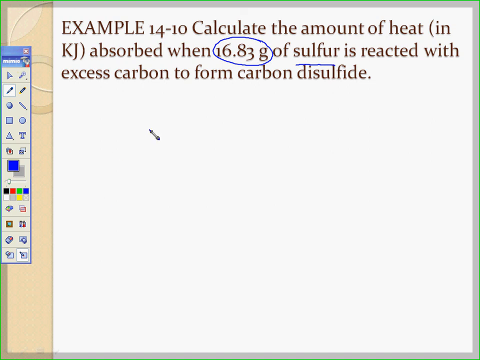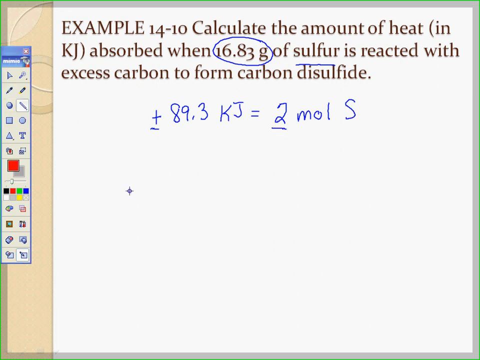So now our conversion factor for sulfur is positive 89.3. The sign of the delta H will not change for these different conversion factors. But it's per the stoichiometric amount of sulfur, which was 2 moles of sulfur.